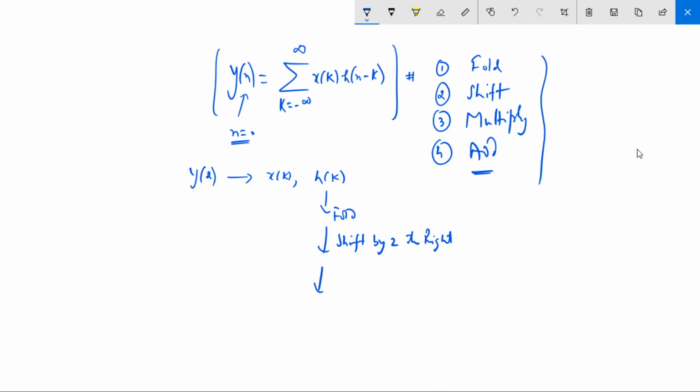The third step is to multiply x of k with h of 2 minus k, and then you have to add all the samples of this product. You will get y of 2. If it is y of minus 2, in that case you have to shift by 2 to the left, then multiply and then add. So folding, shifting, multiplication and adding, these are the 4 operations which are used in the convolution summation.